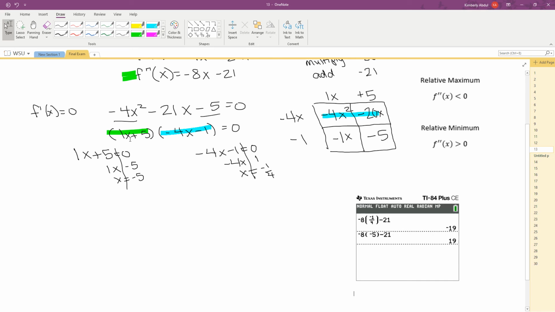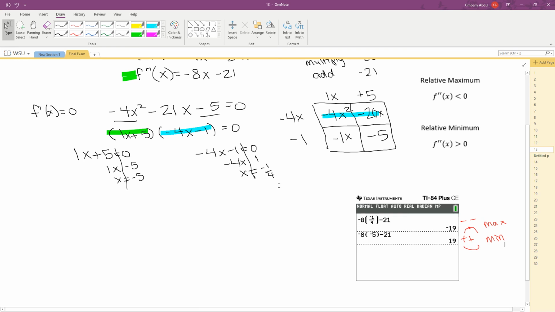And when I plug in negative 5 into the second derivative, I'm going to get positive 19. So this number here is a negative, so it's going to be a relative maximum, because the second derivative is less than 0. When I plug in this one right here, I get positive 19, which means the shape is going to look like that. So this is going to be a relative minimum.